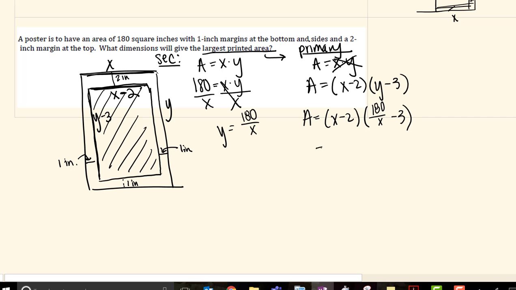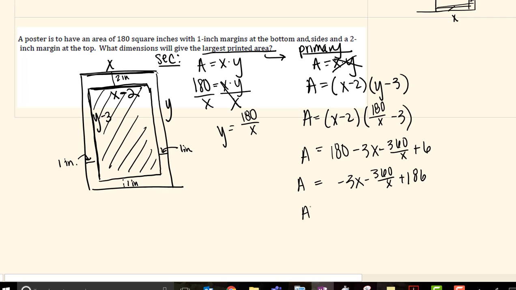Then I'm going to distribute. So I have 180, X over X cancels, minus 3X minus 360 over X plus 6. Combine like terms, so I get negative 3X minus 360 over X plus 186.